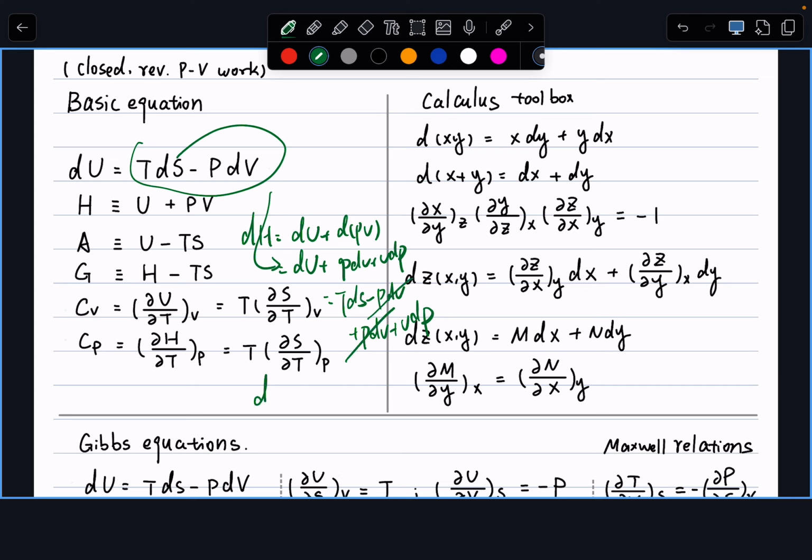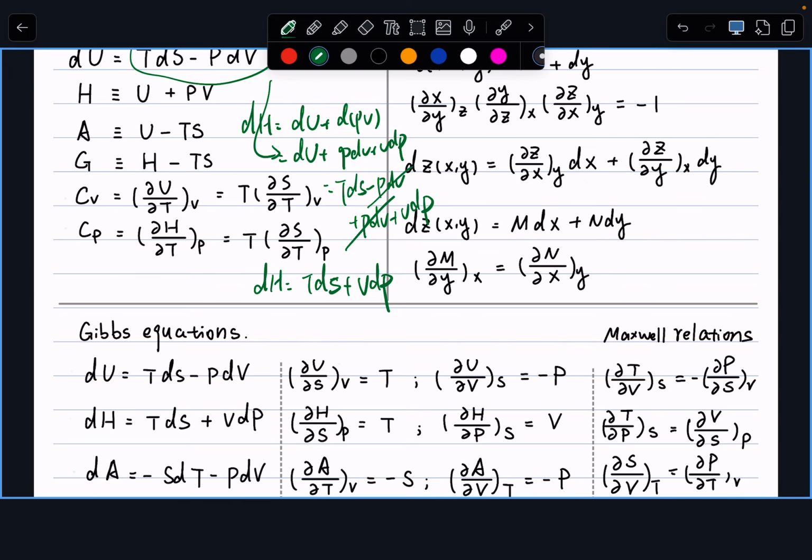You end up getting dH equals TdS plus VdP. Right, so that's what we have. This is the kind of question I expect you to know. It's not hard, right? It's just using basic calculus to convert the fundamental equations into our Gibbs equations.